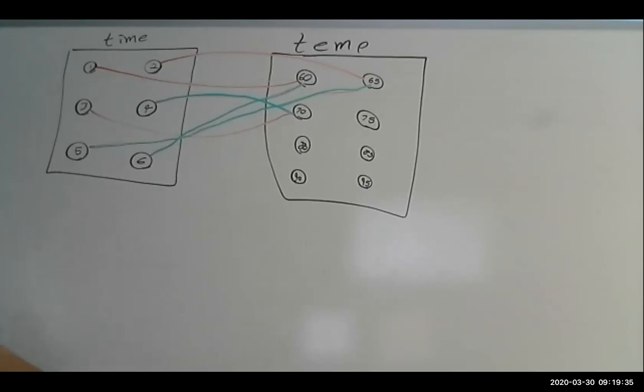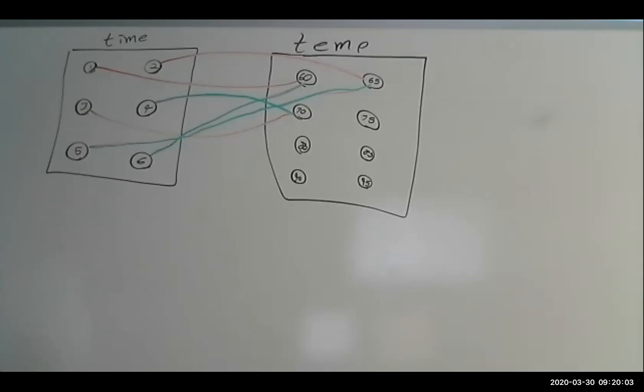So to be in the domain, to be an input, every number that's in the domain has to go to some number on the temperature side. If it's in the domain, it gets used.